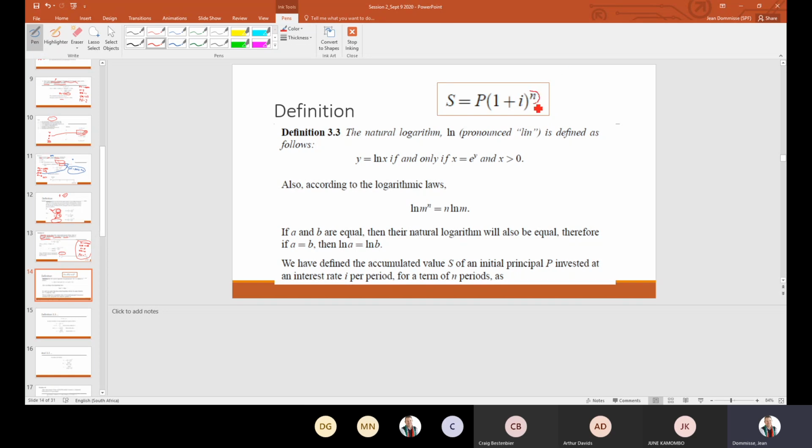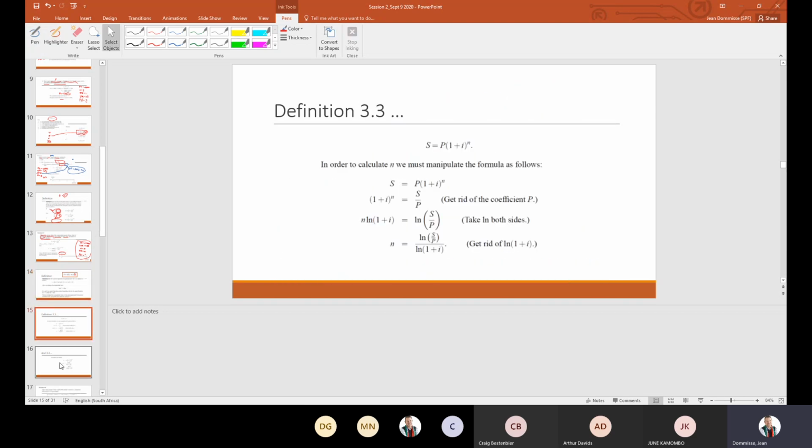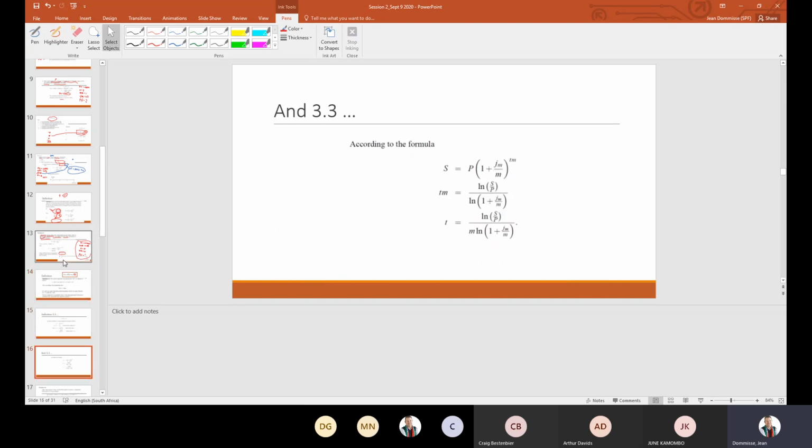If they give us information where we need to work out the N, then it becomes more difficult if we need to do it manually. So basically definition 3.3, and you can see definition 3.3 is over 3 slides.